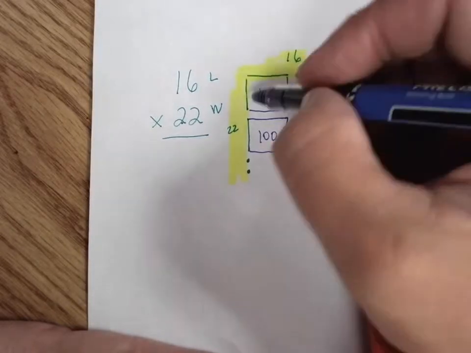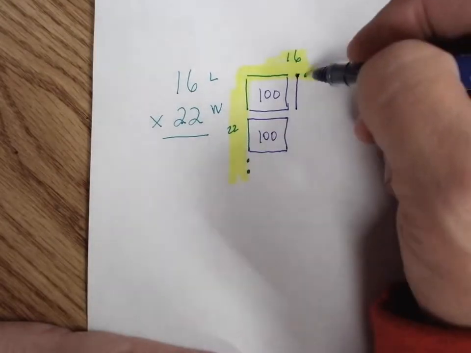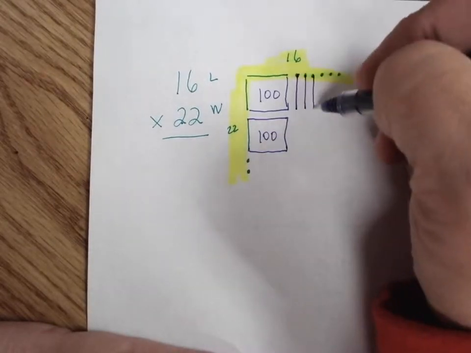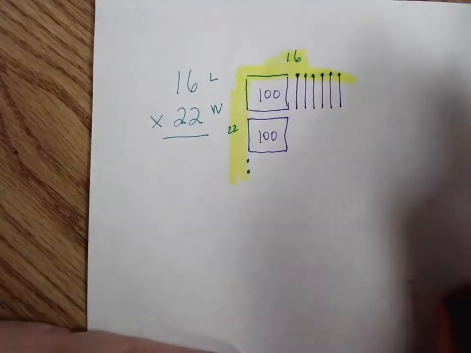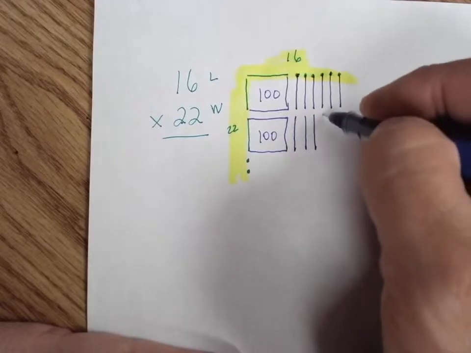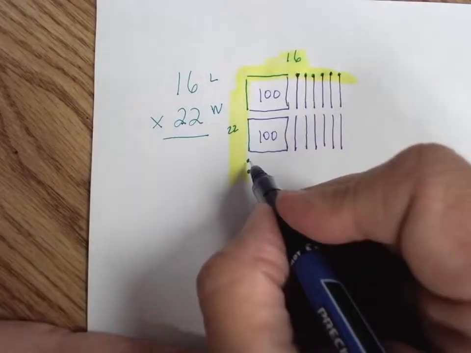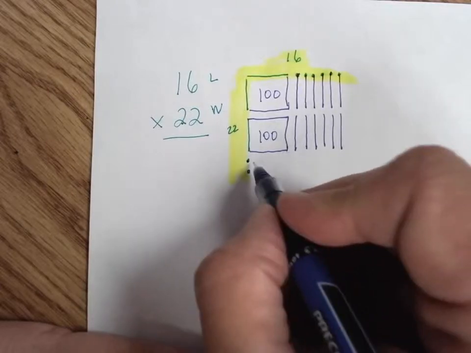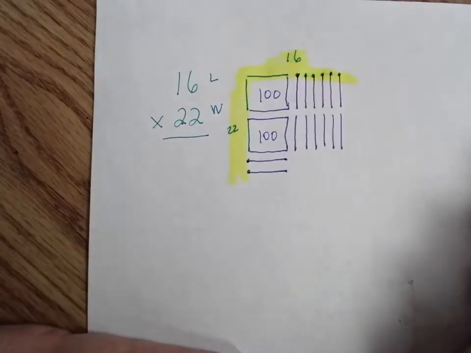These are ones, and this is 10, so 10 ones makes another rod of 10. So we can do 10s 6 times here, and then we would have another 6 here. Okay, and then this is 1, and the length is 10. So we can do 1 row of 10 here and 1 row of 10 here.